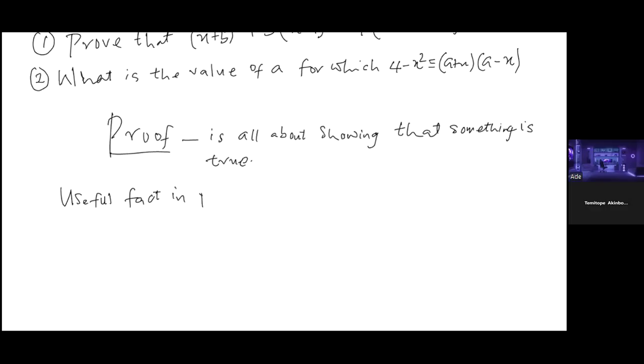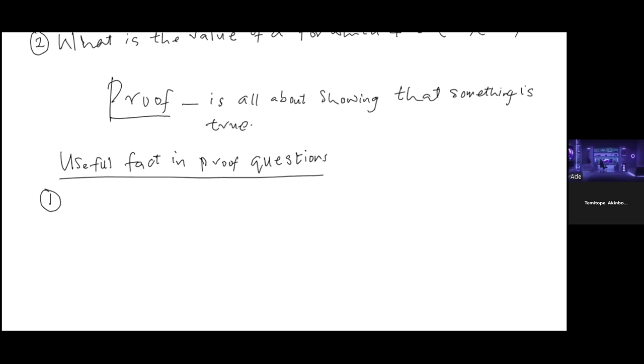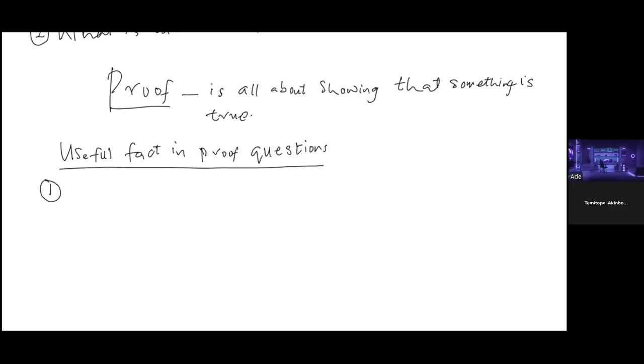In proof questions, number one, any even number can be written as 2n.